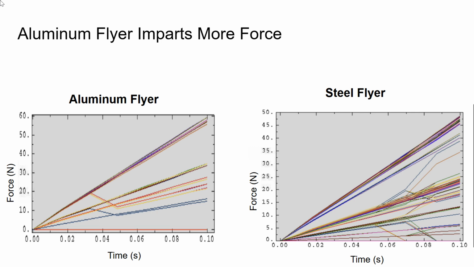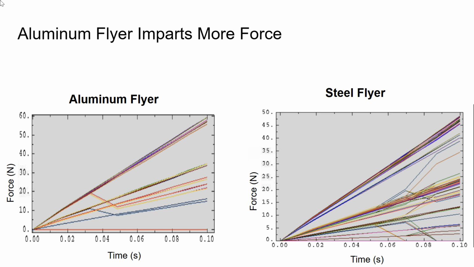So this is our results. We found that the aluminum flyer imparts more force. Aluminum gives off more force on the target, but in less area, as shown in these lines here. The lines kind of come together and it's not very thick. And these lines are located on the sides of the target.